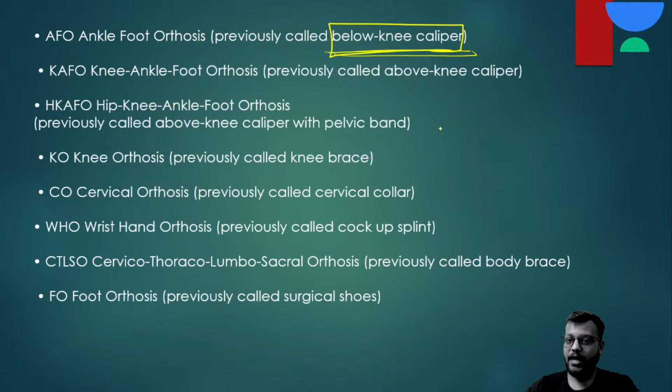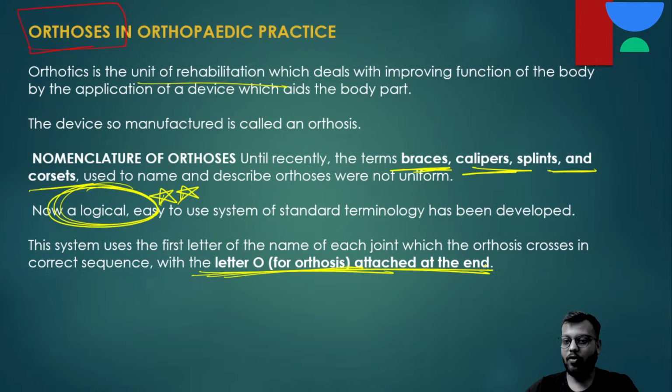So A for sequential manner में जो joints affected है या जो joints involved है. सबसे पहले ankle, then foot, and last में every orthotic will have the O, which represents the orthosis.